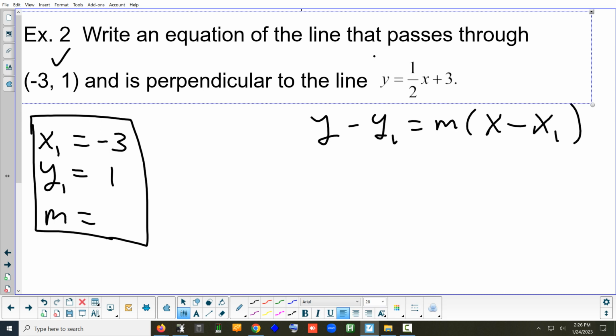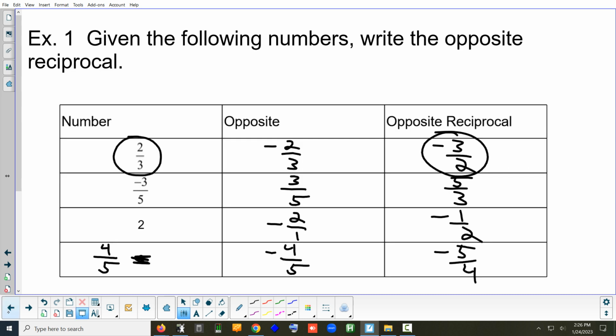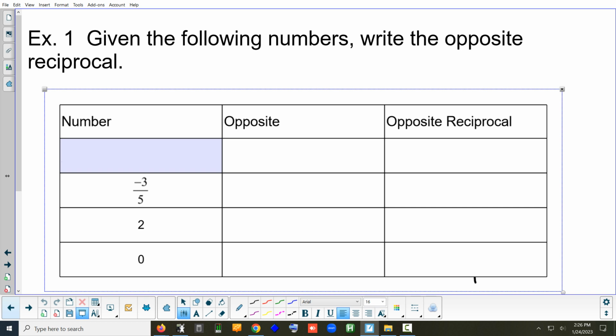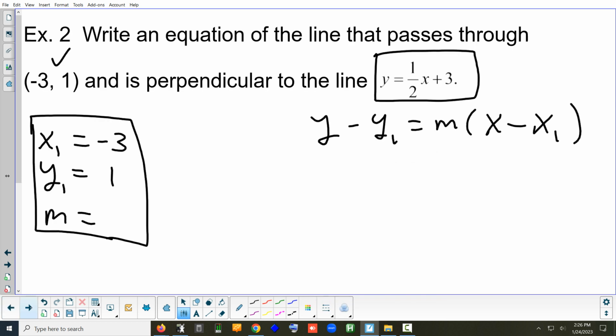Now you need to look at this. First thing is to tell me what number here is the slope. That number is going to be like my original number. It's like what I would put right here in the table. Yeah? 1/2. Perfect. That's the slope of the original line.